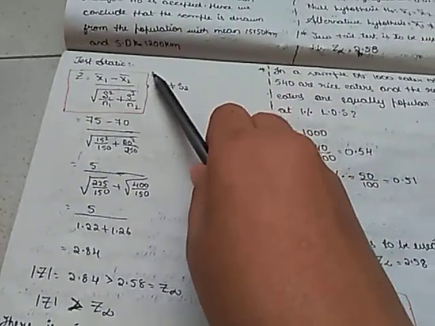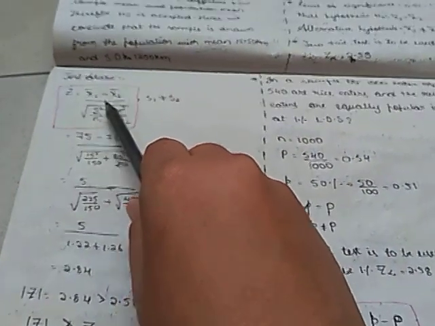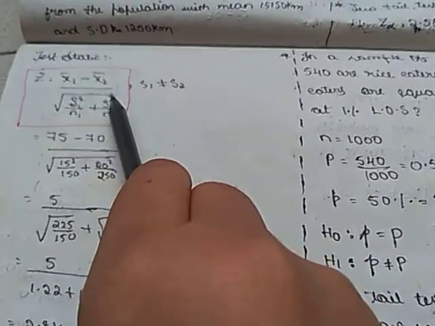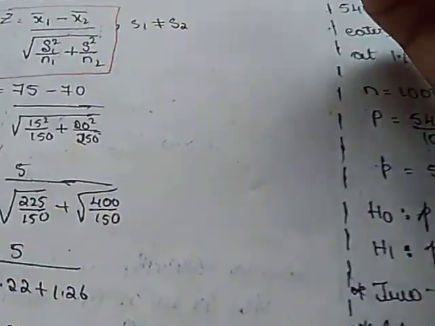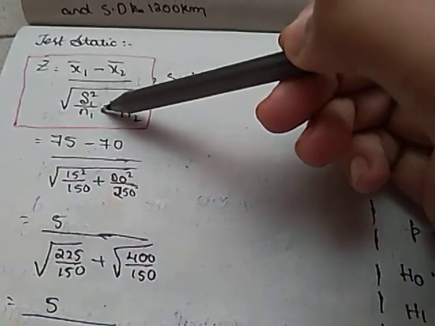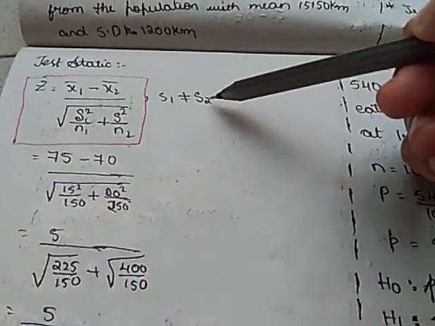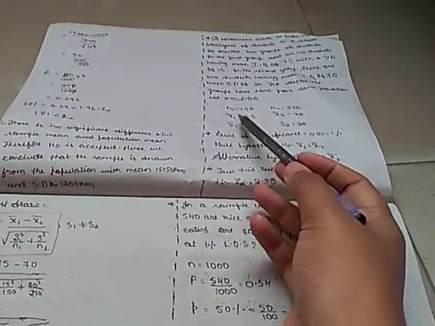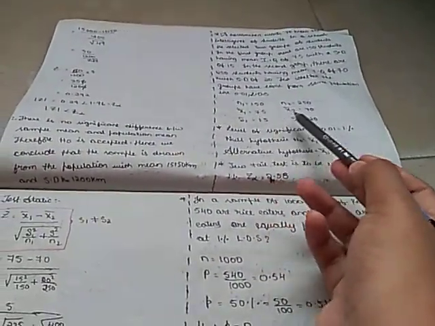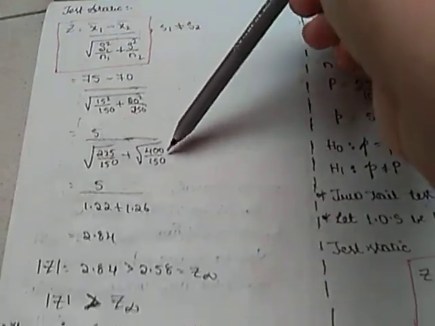Now the test statistic formula is z equals x1 bar minus x2 bar by root over s1 square by n1 plus s2 square by n2, where s1 is not equal to s2. We already know the values of n1, n2, x1 bar, x2 bar, s1, s2, so we substitute them.